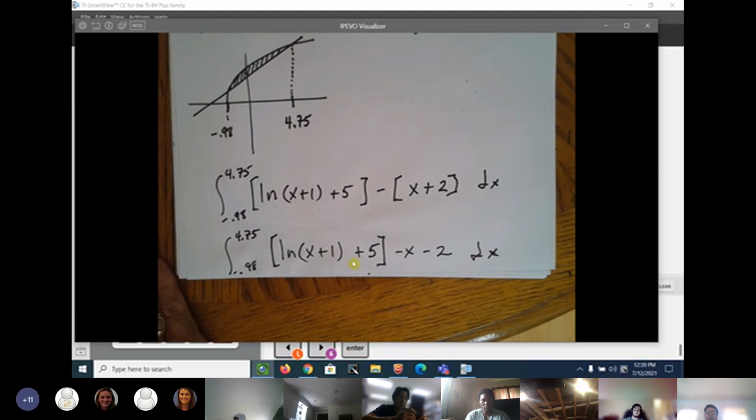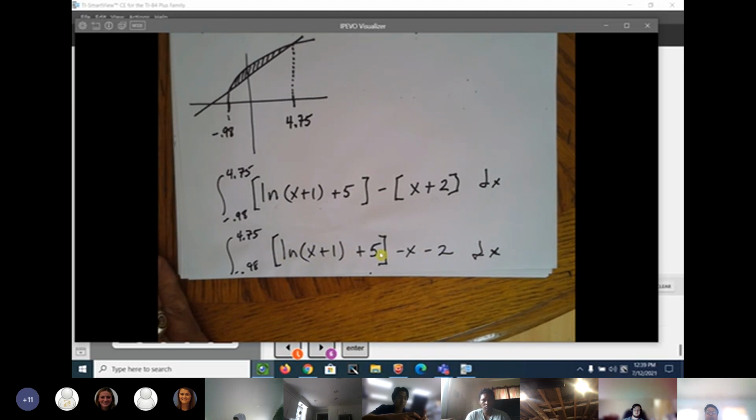And from there, you know the antiderivative, you're going to break these up into 4. That's going to be 5x. It's going to be negative x squared over 2 minus 2x. And remember, the natural log, for those of you that don't remember, let's go back to the integration on your files. I believe it is called integration.